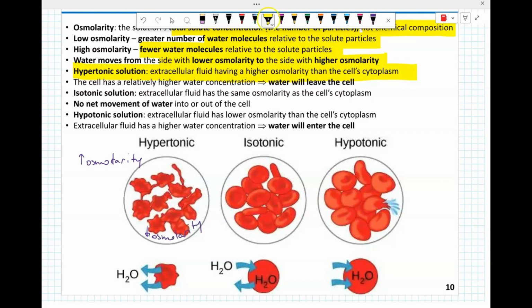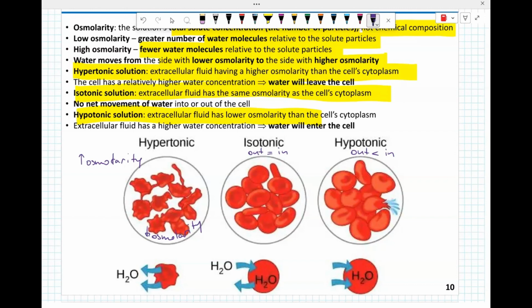Now, isotonic solution is the one where osmolarity outside equals the osmolarity inside. And hypotonic solution is the one in which osmolarity outside is less than osmolarity inside.